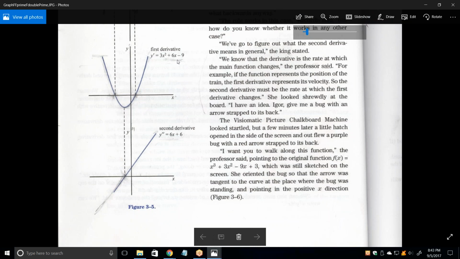That's because if you start with a quadratic, when you take the derivative of it, you always reduce the power by 1. So instead of being a second degree polynomial, it becomes a linear polynomial. Always. So the derivative of all parabolas are straight lines.